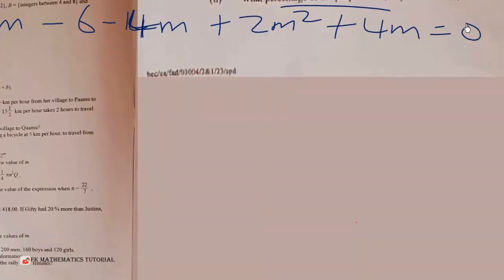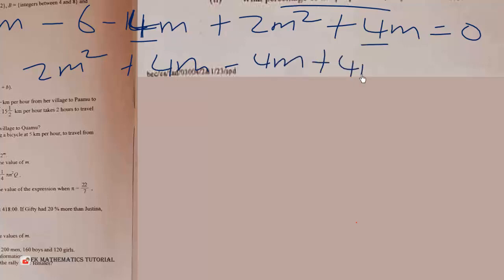So now let's group like terms. So we are going to get something like this. 2m squared, we have 4m, this one, then we have minus 4m, then we have this one plus 4m, then we have this one minus 6 is equal to 0.